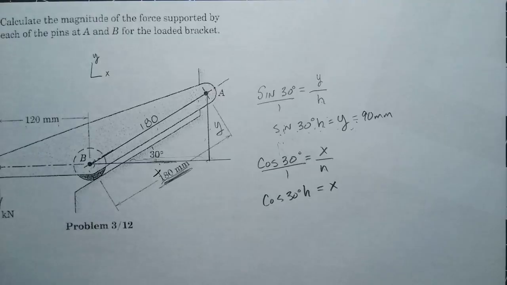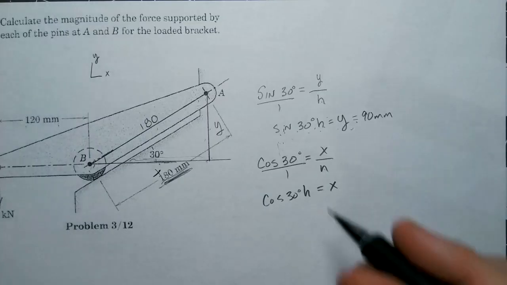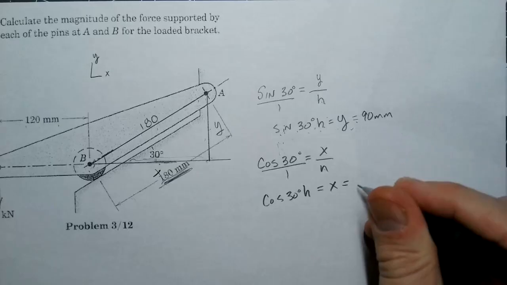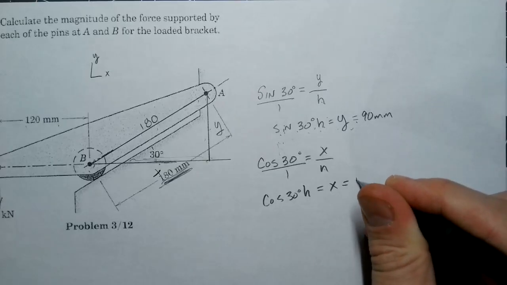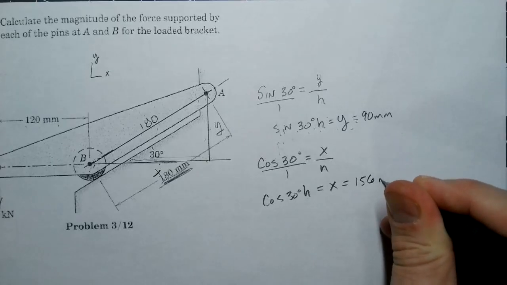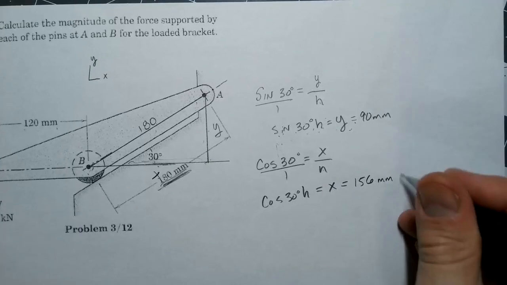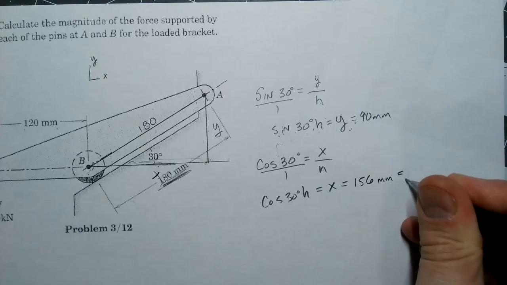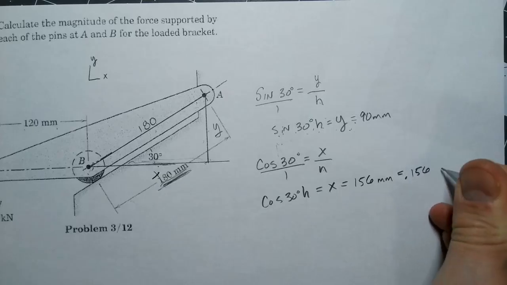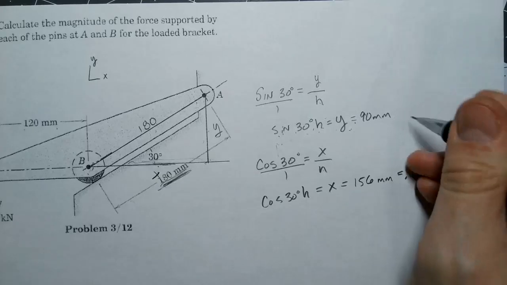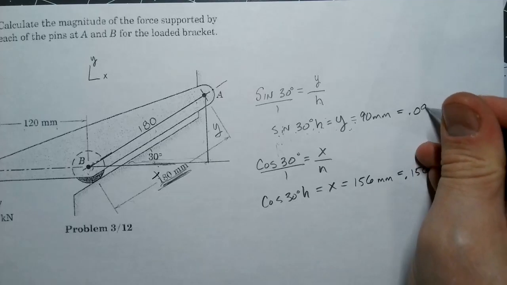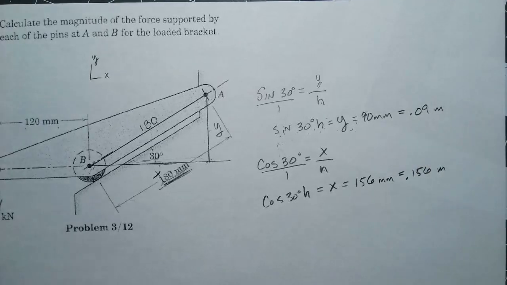So we can look up the cosine of 30, which is about 0.866, and multiply that by 180. And we find that x is equal to, we'll round it to 156 millimeters. Okay, and of course, we want to work in the base units, so we know that is 0.156 meters, and this is 0.09 meters.